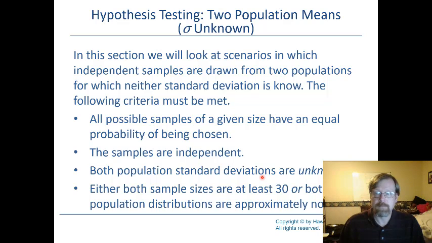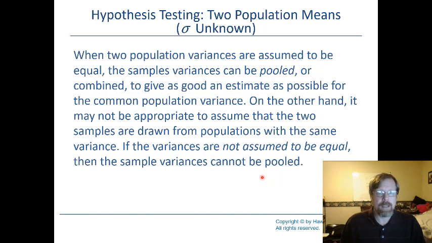There's a couple of different scenarios within this. If we can assume that the population variances are equal or approximately equal, then we can pool the variance. Or if we can't make that assumption that they're equal, then we cannot pool the variance.